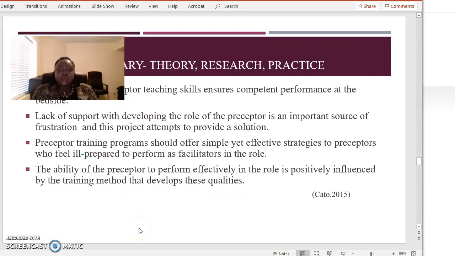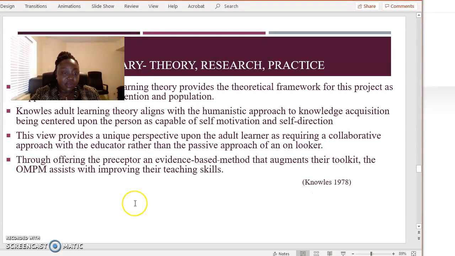So here is a summary of the theory, the research, and practice. Development of preceptor teaching skill ensures competent performance at the bedside. Lack of support with development of the role is an important source of frustration for the preceptor. Preceptor training should offer simple yet effective strategies, and this is where the 1-minute preceptor comes in.